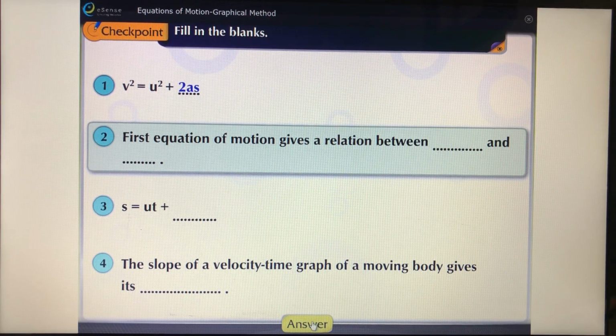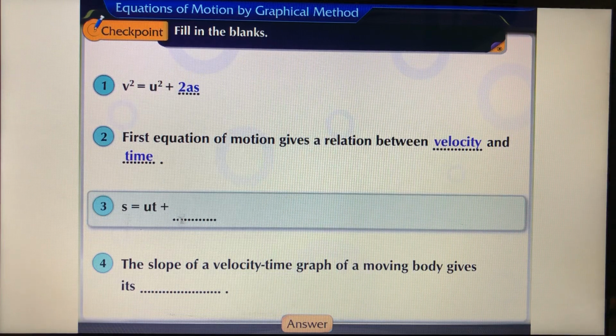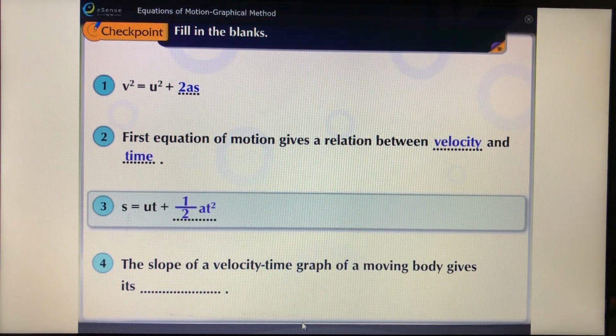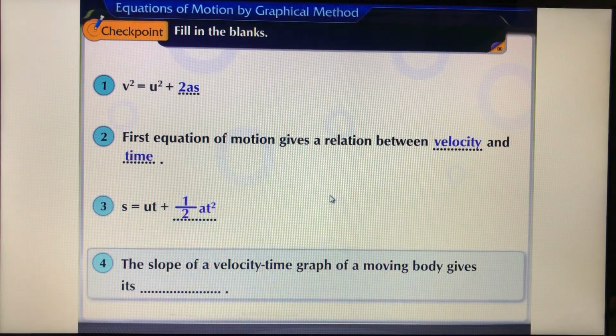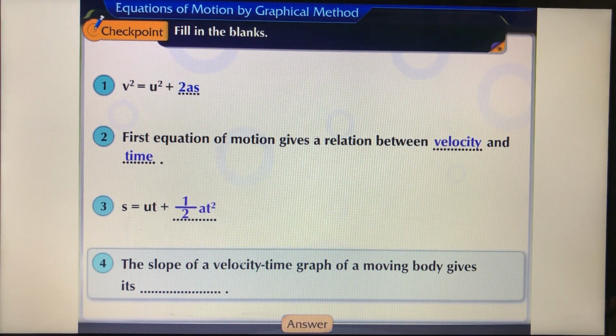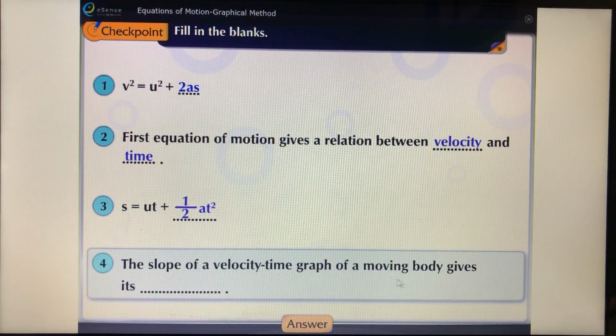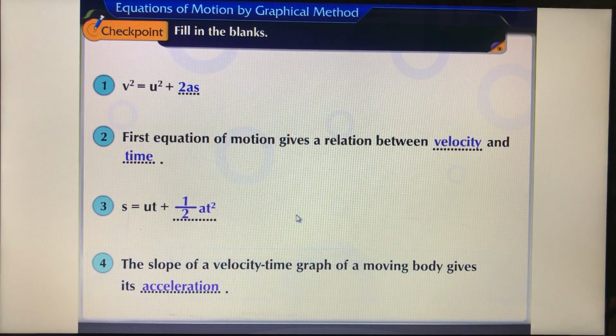I have already explained this last time. Yes, you know the second equation: S is equal to ut plus half at square. From the graph, the slope of a velocity time graph of a moving bus always gives acceleration, that is meter per second square.